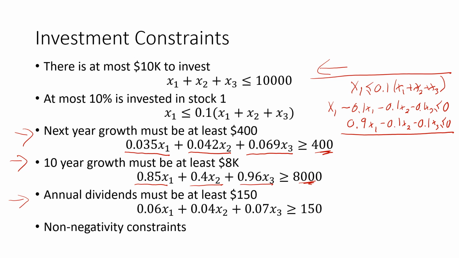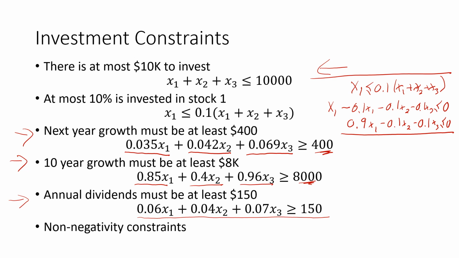And finally, the annual dividends have to be at least $150. That was our fourth constraint. That equation gives us our annual dividends, again, according to the chart that we had. That's the amount that each stock pays you every year, just for investing.